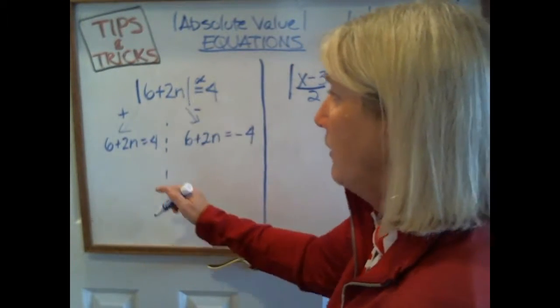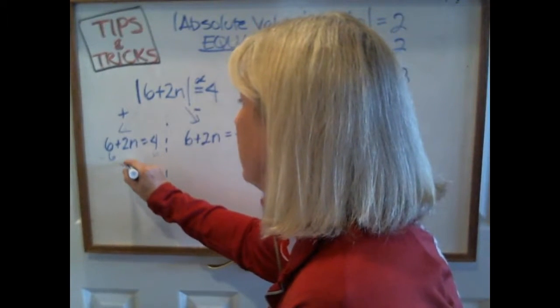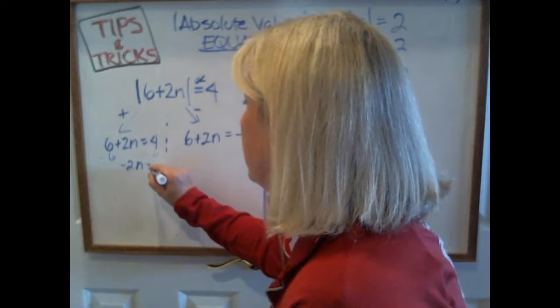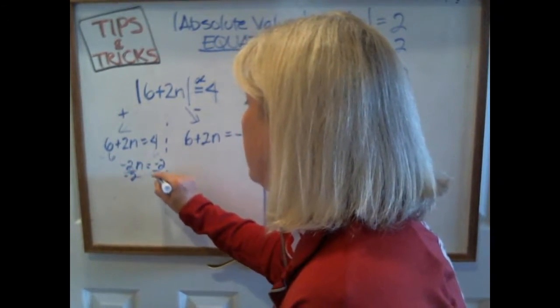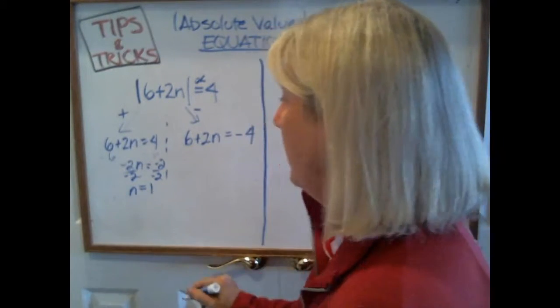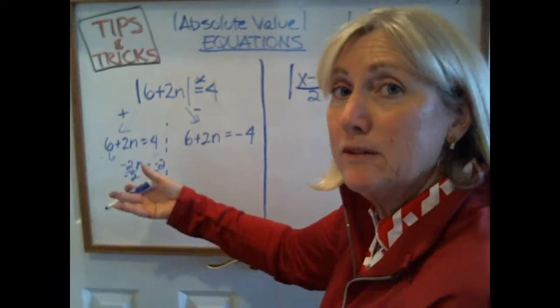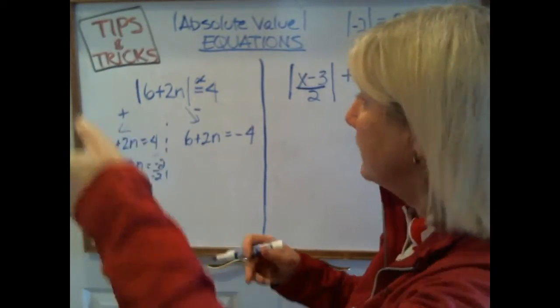And so now we solve each one of these. We're going to subtract 6, so we have 2n equals -2, divide by -2, divide by -2, so n equals 1. Now notice, because it's an equal sign, we don't need to worry about flipping the sign over, because an equal sign is the same either way.